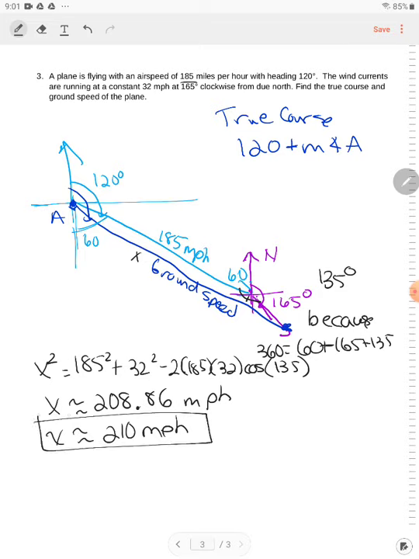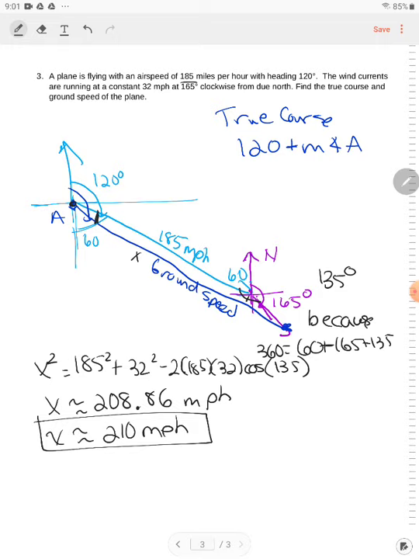All right, now I'm going to call this here angle A. So I'm not sure if it's really clear. So this is angle A. So we can use the law of cosines.